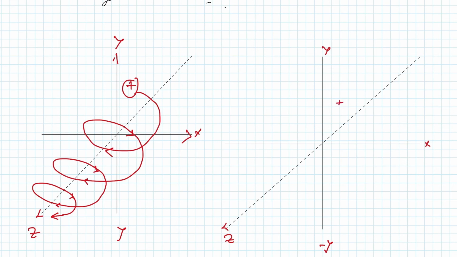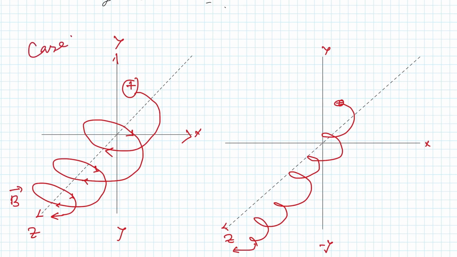But in this case, this is the positive z and the direction of the motion will be like this. In the first case we had applied only the magnetic field, case 1.